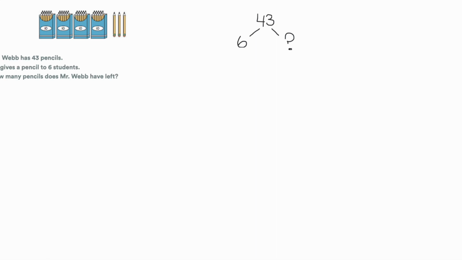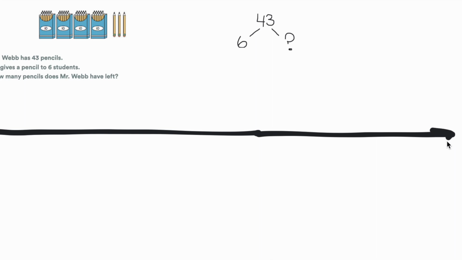All right, so let's get started with our number line. Okay. Let's see. So I know the total is 43. So yes, 43. And we're going to go back. We're going to separate 6 and see how many there's left.